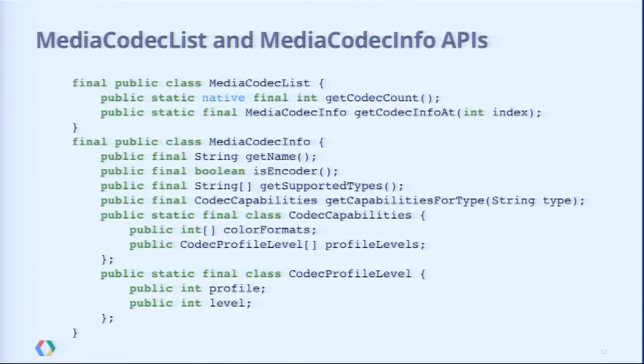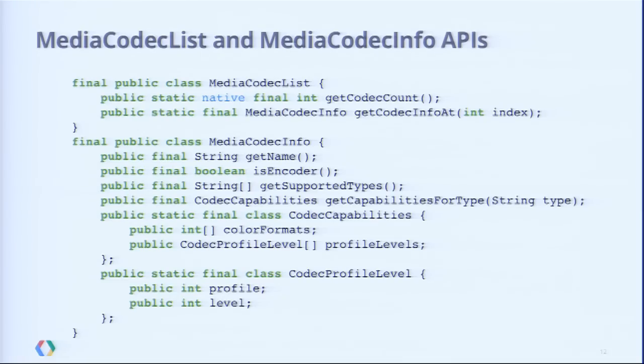That's why get supported types returns an array of strings. So basically it tells you all the MIME types it supports. By iterating through the supported types, you are able to find out the capability for a specific MIME type for this given media codec.